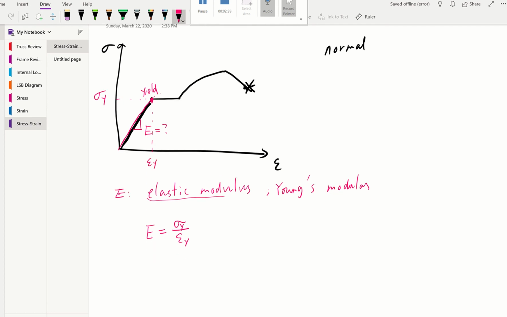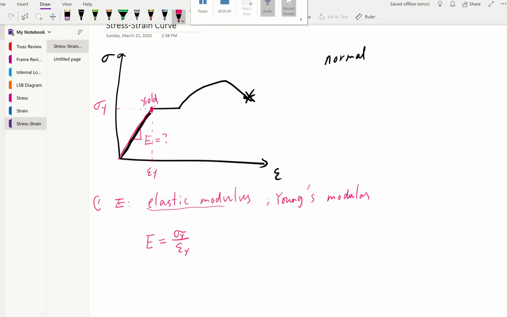Another important concept is the highest point on your stress-strain curve, and we call this the ultimate stress. That is the highest stress happening in the material.